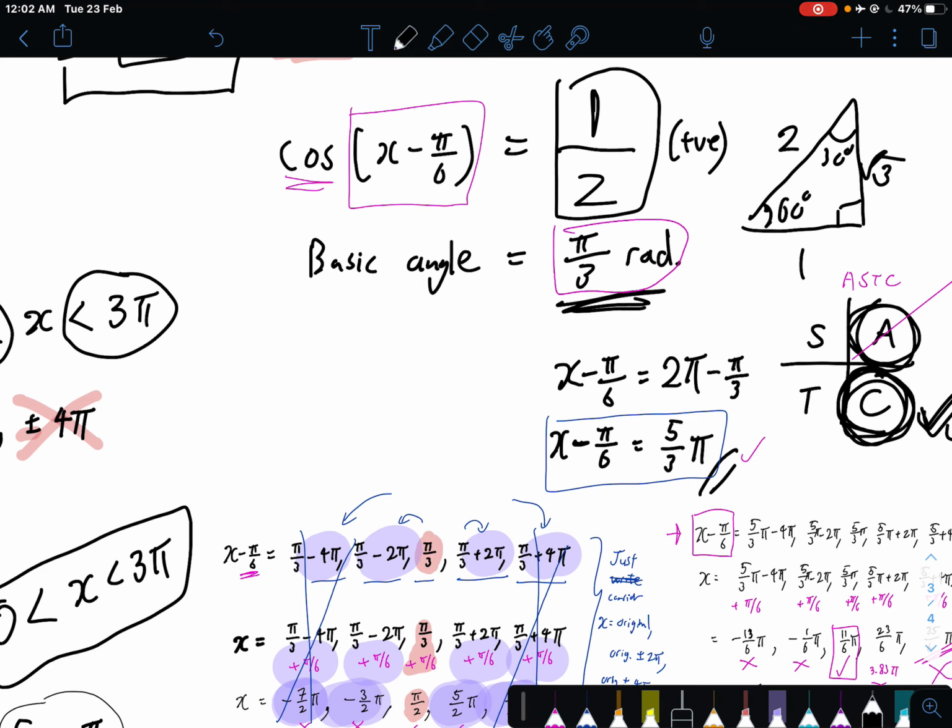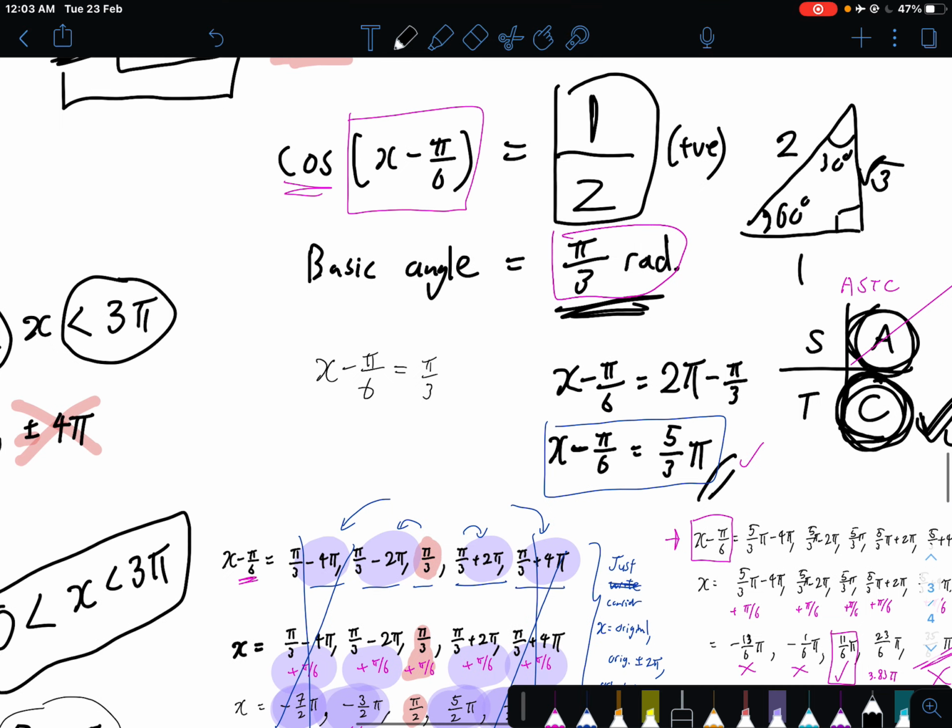For example, I erased one of the answers just now. One of them is x minus pi by 6 equals to pi by 3. Another is x minus pi by 6 equals to 2 pi minus pi by 3. Those are two possibilities.